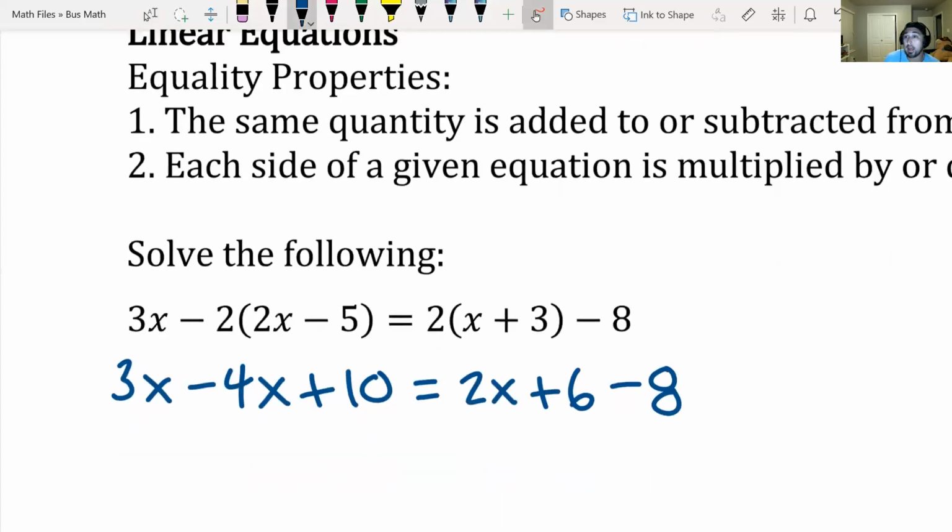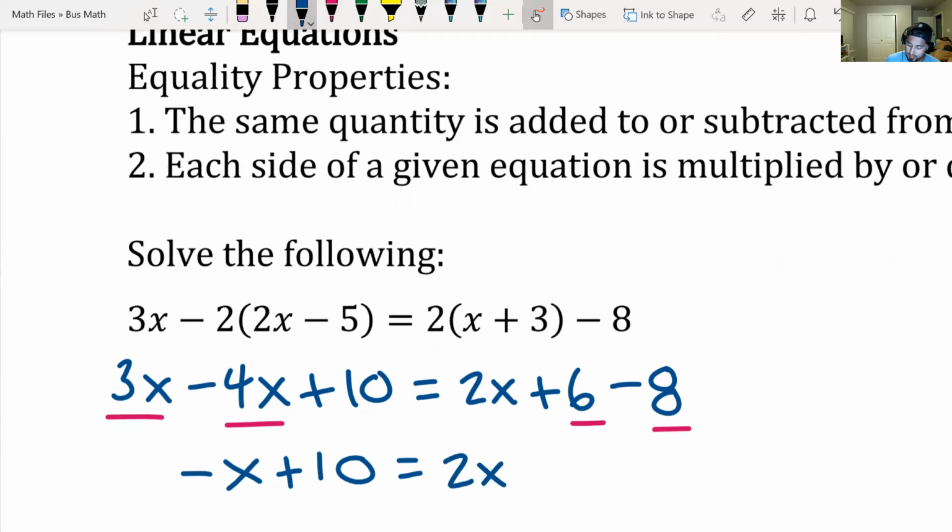Now combine like terms. The like terms on the left side are 3x and -4x, so you'll get -x plus 10 equal to, and like terms on the right side, 6 and -8, you'll get 2x minus 2.